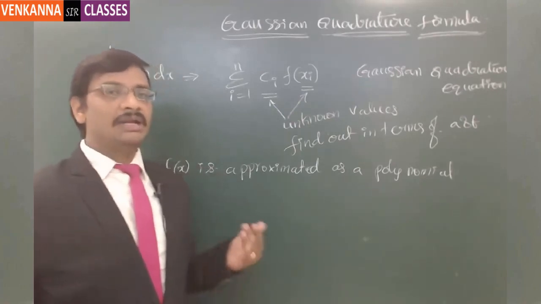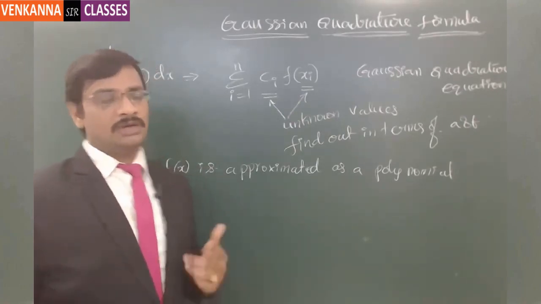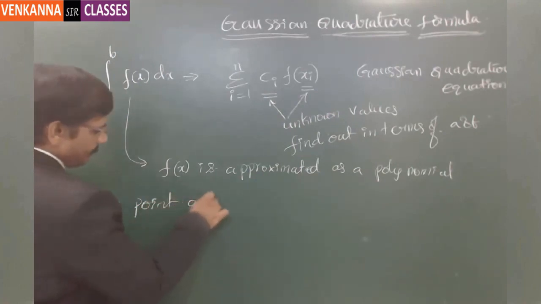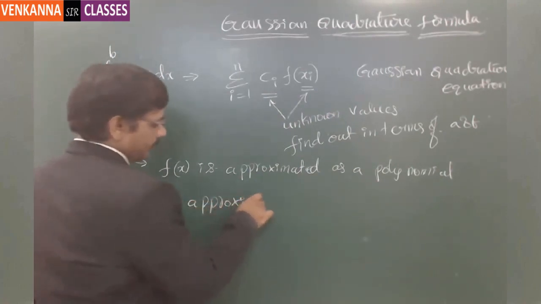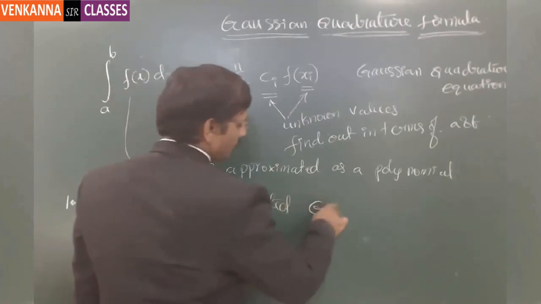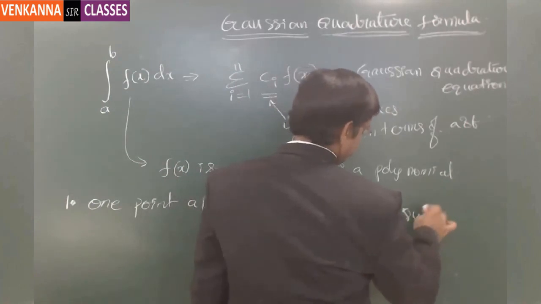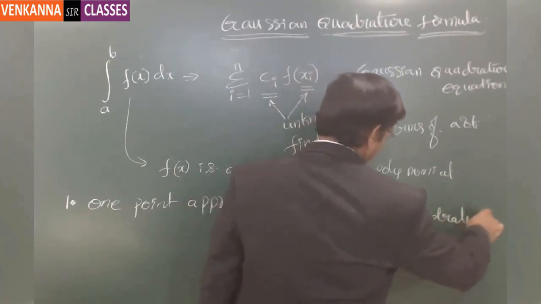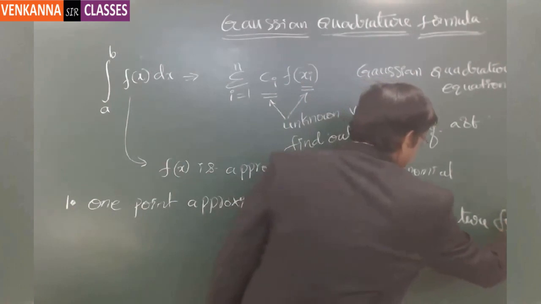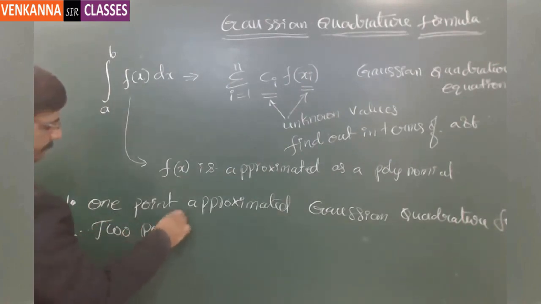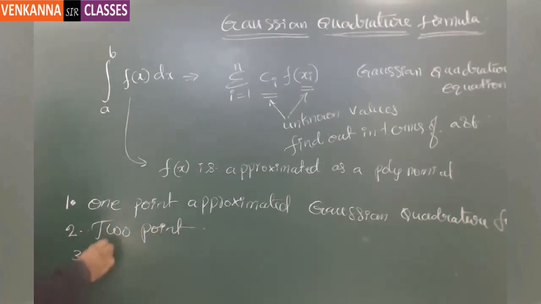Now here there are different types of Gaussian quadrature formula. One is the 1 point approximated Gaussian quadrature formula, and 2 point, and in general n point.